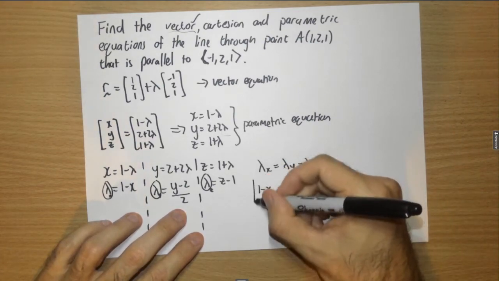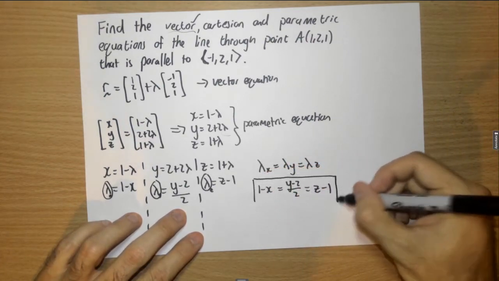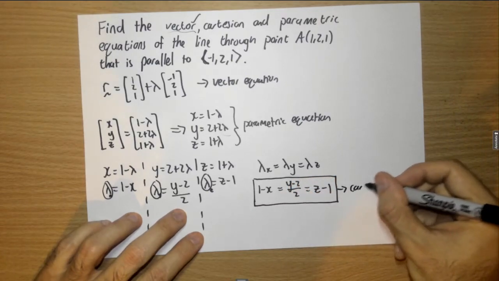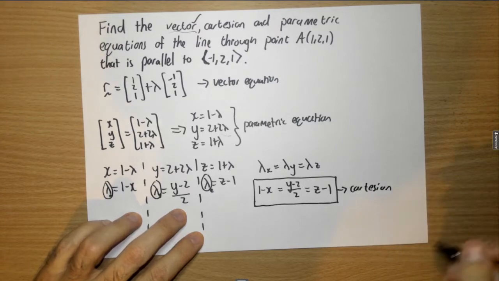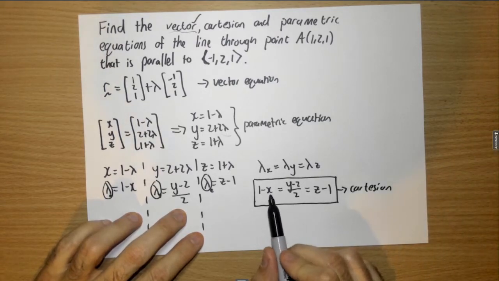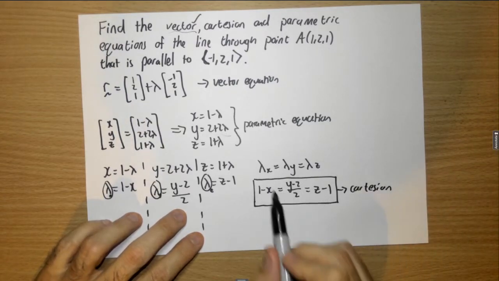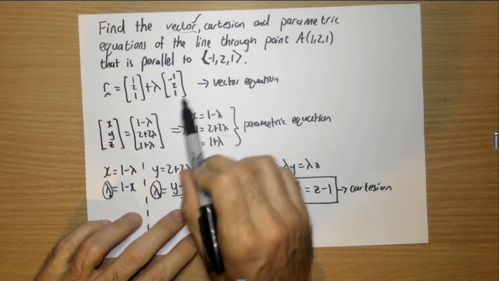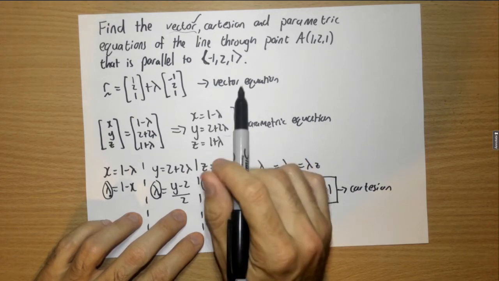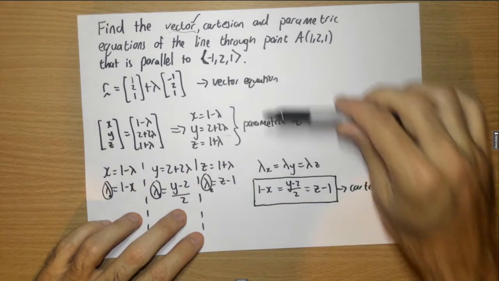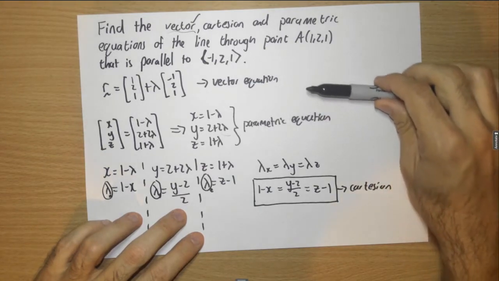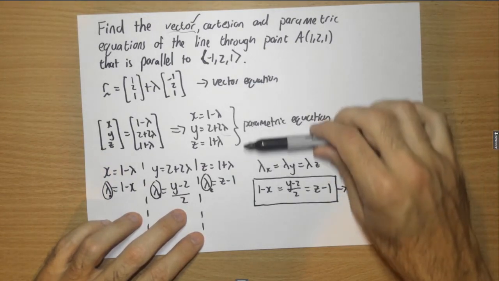Now, this equation over here, this is the Cartesian equation, because we have our Cartesian coordinates x, y, and z, and we don't have any more of the parameters. It's not a parametric equation, and it's not written as a vector. So the usual progression going from vector equation to our Cartesian equation is we use the parametric equation as a buffer zone between the two.